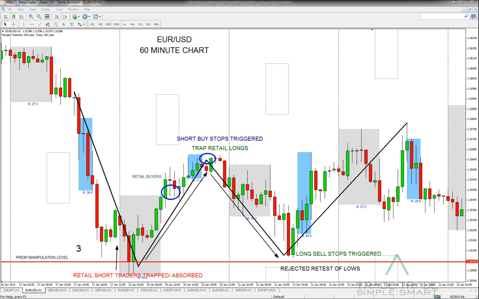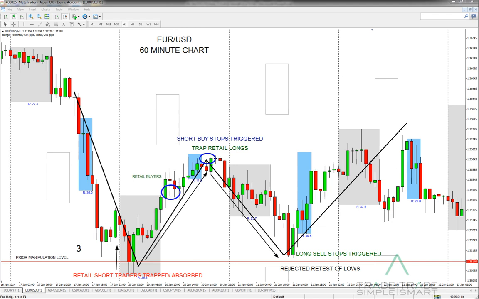So if we have buy orders coming into the market in the form of these retail orders during the small uptrend, then their stop losses for these orders are again going to be sells.